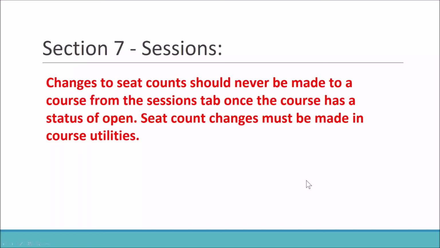I was just going to suggest for the seat count, to avoid having a wait list, make that seat count larger than what you actually expect, unless you're limited to a certain number of attendees.